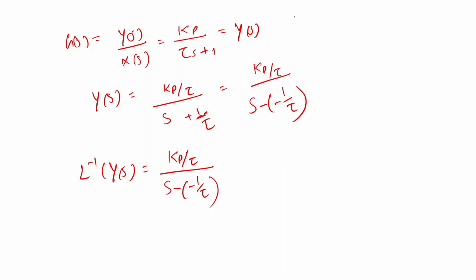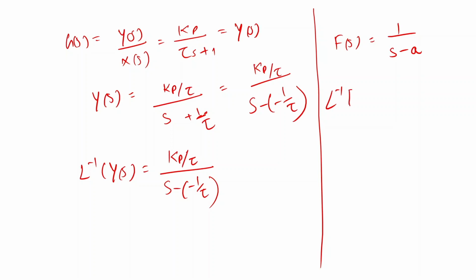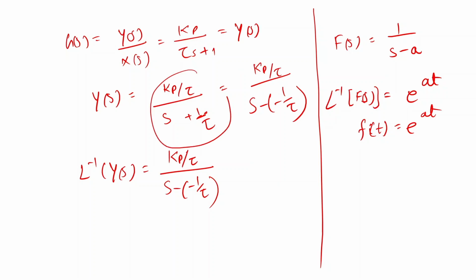We know that if the function in terms of s is given as 1 upon (s minus a), then L inverse of F(s) is e raised to at. That is basically f(t) is equal to e raised to at. That is why we changed this equation into the form 1 upon (s minus a), so that we can straight away use and replace these values.